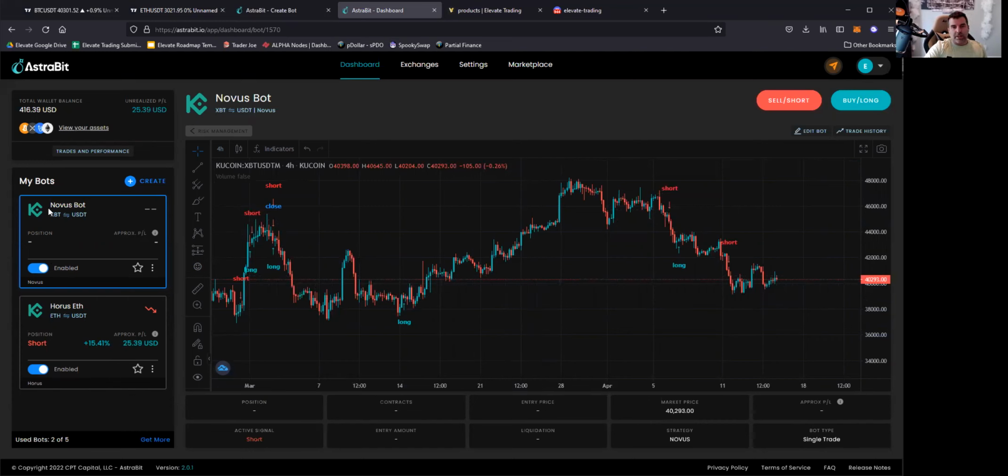If you want to take a break, take a vacation or whatever, your bots will do that for you. They'll still trade for you. However, you can also simply hit the enable button and turn your bot off, especially if you want to move some funds around.